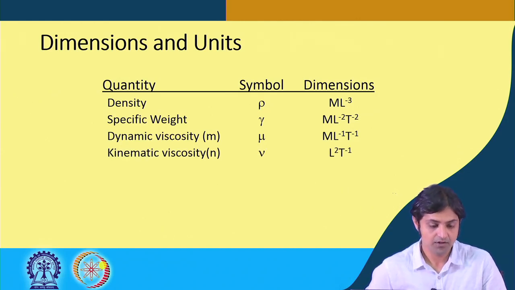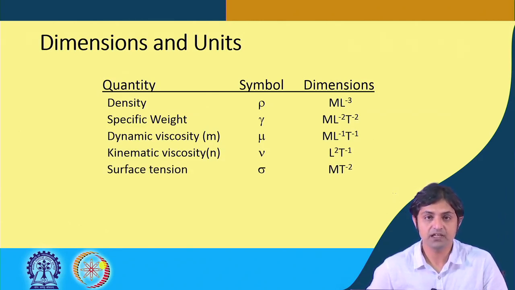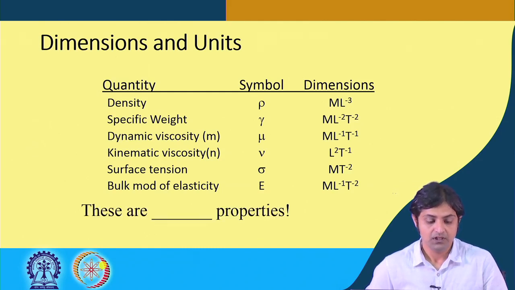We will see. Kinematic viscosity nu is given as L^2 T^-1. Surface tension sigma is MT^-2. Bulk modulus of elasticity E is given as ML^-1 T^-2. So these are actually fluid properties. These are some of the most important ones.